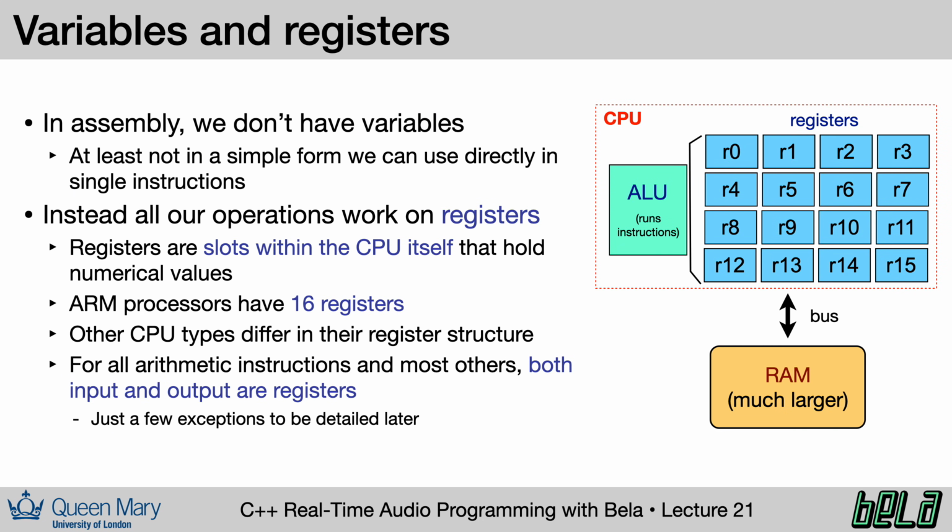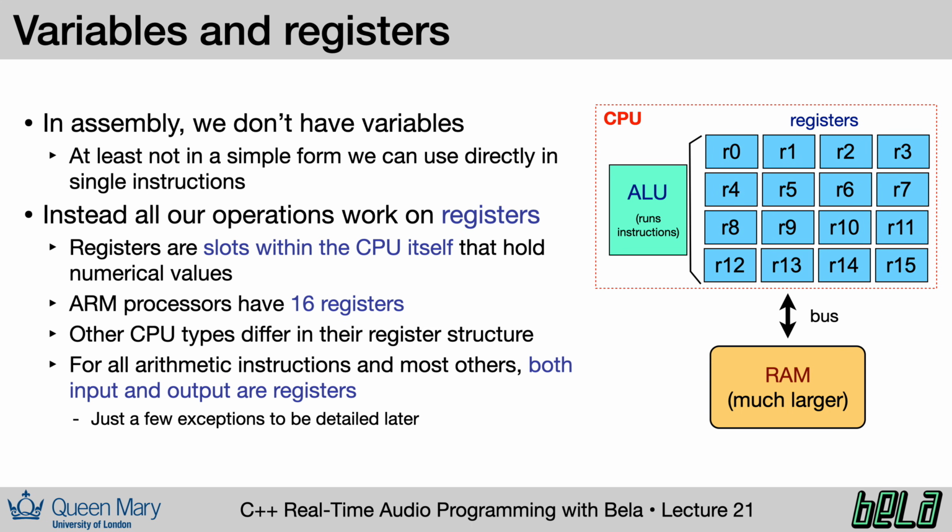Now, it's very nice in C and C++ to work with variables, but assembly language doesn't give us that, at least not directly. Instead, our operations are all going to work on registers. Registers are not locations in memory, they are instead slots within the CPU itself which can hold numerical values. Every ARM processor has 16 registers to work with.